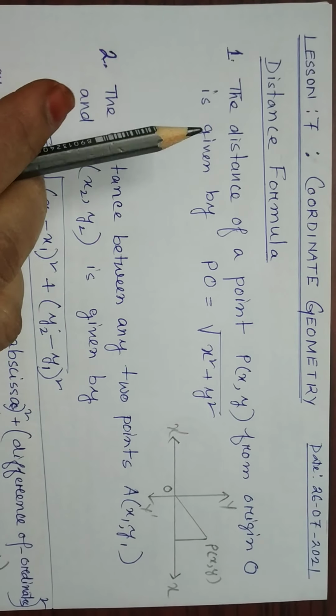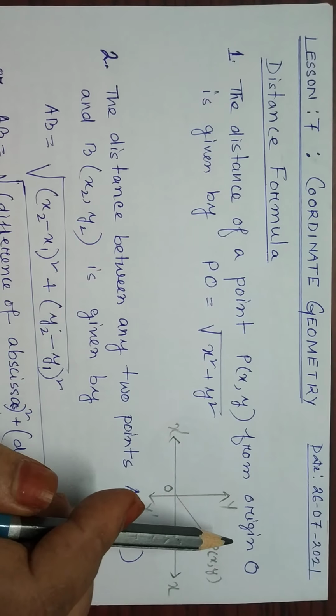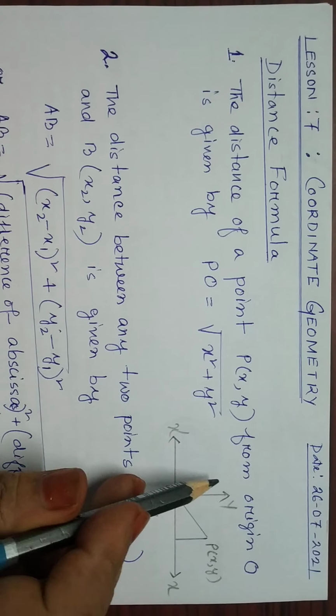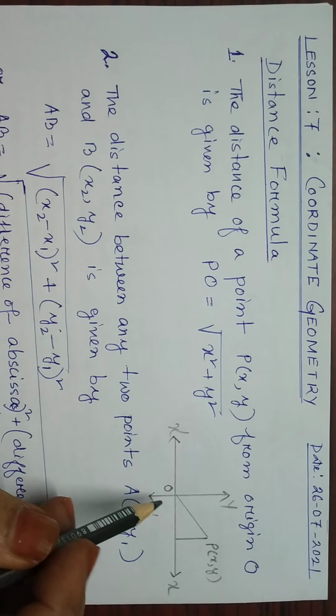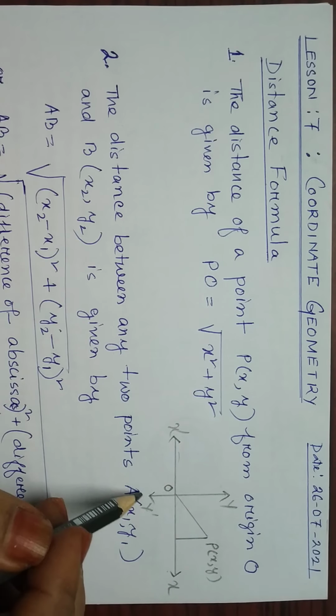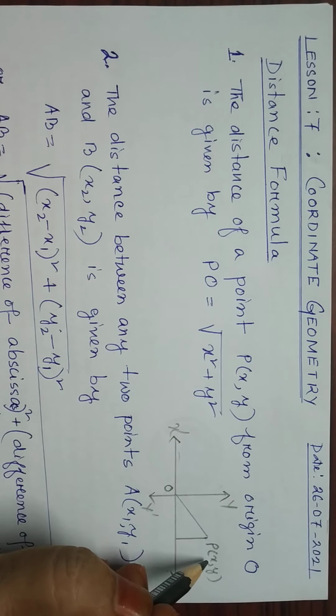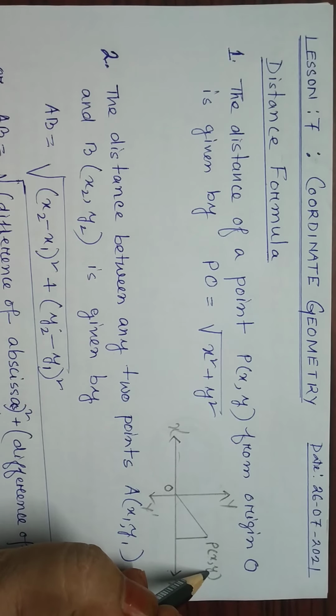Now, first one, the distance of a point P from the origin O. Suppose this is a coordinate plane, O is the origin, this is the x-axis, this is the y-axis, and P is the point. The coordinates of P are x and y.